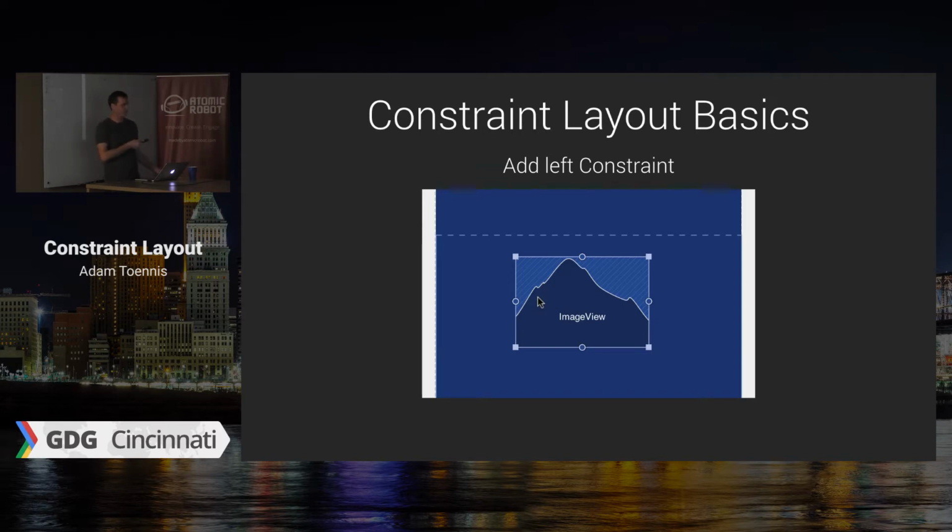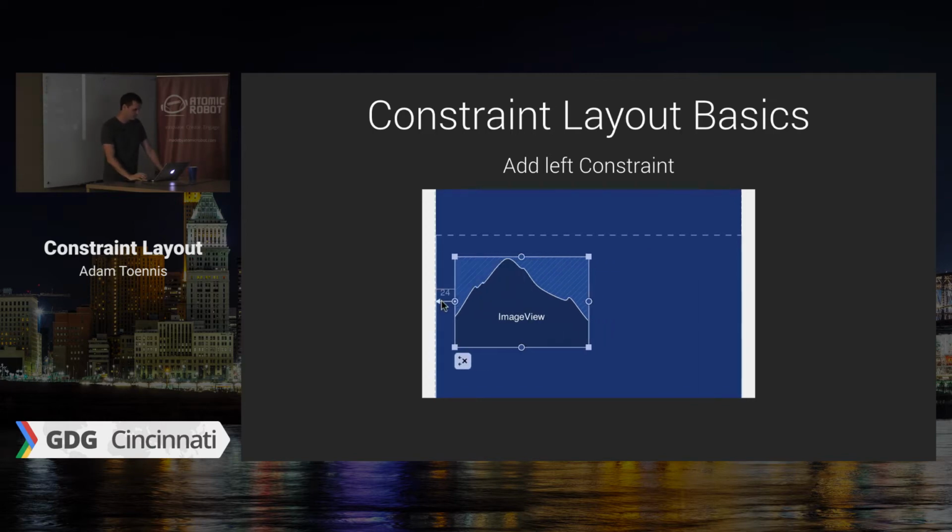For a sneak peek into the future of the slides, this little hashed line right here is a guideline, and you'll see that in a little bit. You can see it was real quick, but he just clicked and then dragged it over. It pops an arrow in there. You'll see the margin, 24 dp. The arrow is showing you the constraint. So pretty simple.